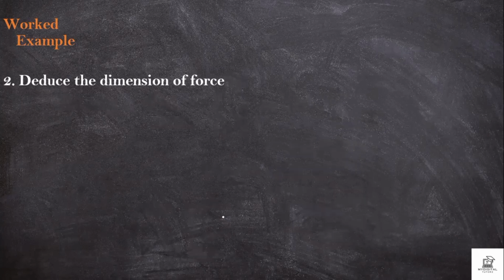Moving on, the next one said we should deduce the dimension of force. So what is force? Force is equal to mass times acceleration. Now, here we have the dimension of mass to be capital letter M, but acceleration being a derived physical quantity, you don't have its dimension until you formulate it using the formula, right? So from here, we have A is equal to velocity all over time, right?